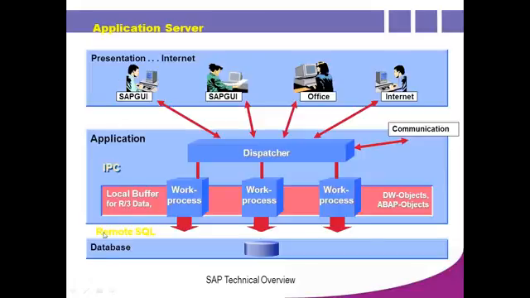These are the three layers. We can call it three-tier architecture: presentation layer, application layer and database layer. In the ERP mechanism, each and every ERP product is using this three-tier architecture. All right, does anybody have questions here before moving to the next slide?